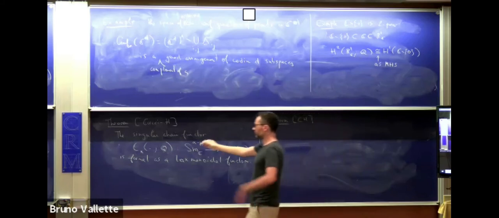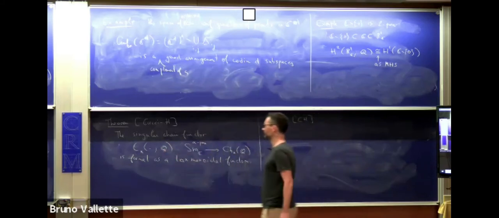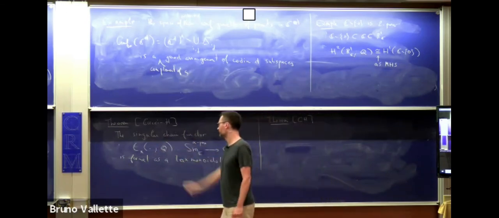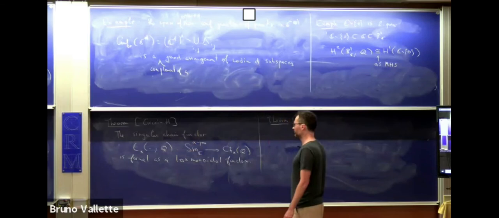So it's like a cohomological version. The problem is if you take singular cochains, this will not be a lax monoidal functor anymore. So we use instead Sullivan's differential forms.